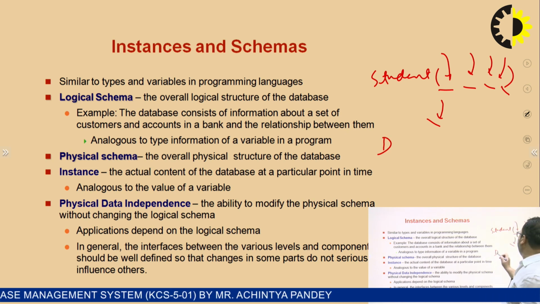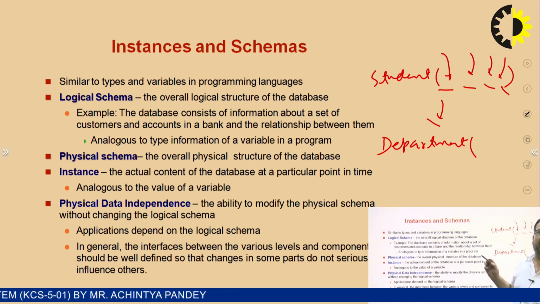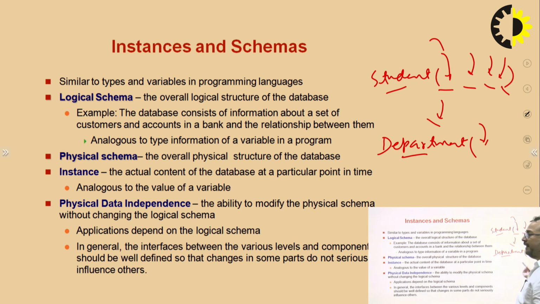And say, for example, another relation is department. So mainly schema means the name of the relation, like student, department, and the names of the attributes, here for department like department ID, department name, department HOD name, department phone number, etc. So what the names of the relations are, what attributes you are going to include, and what the types and constraints of the attributes are, all come under the schema, basically the logical schema.